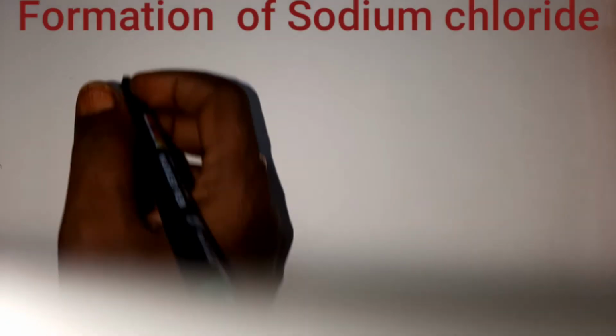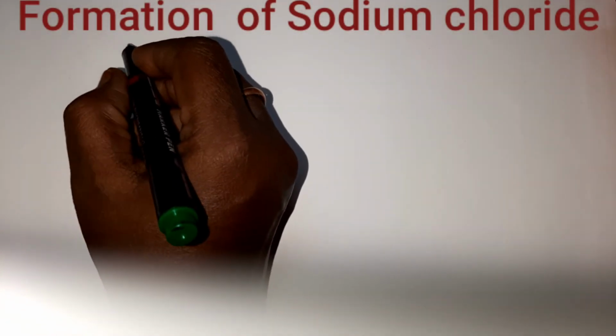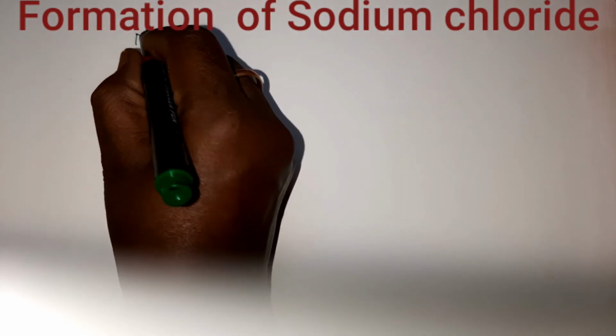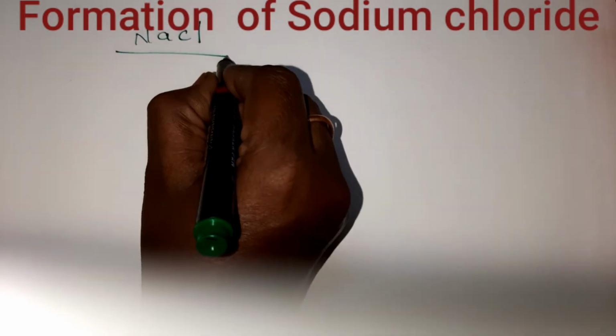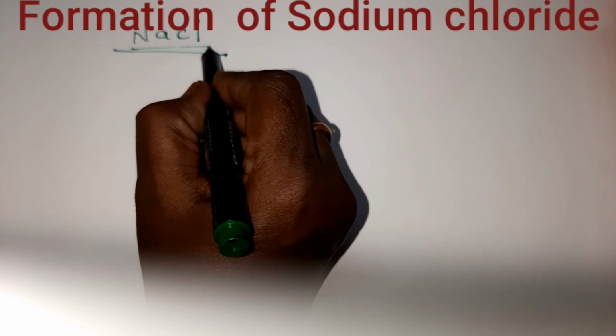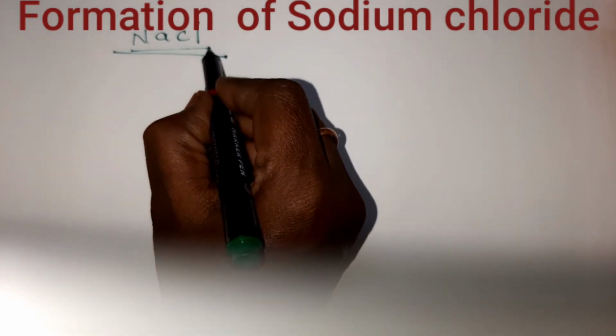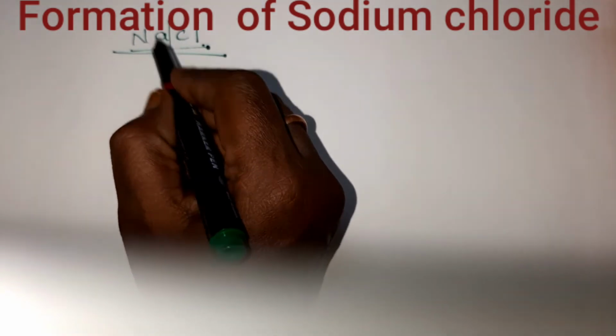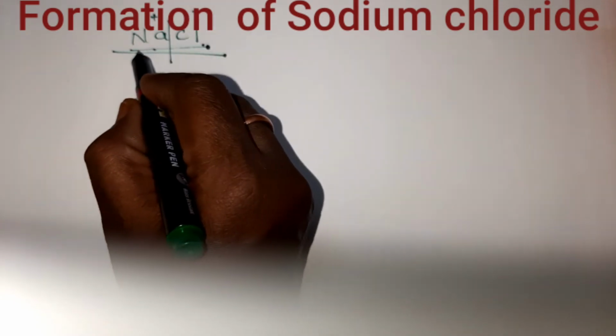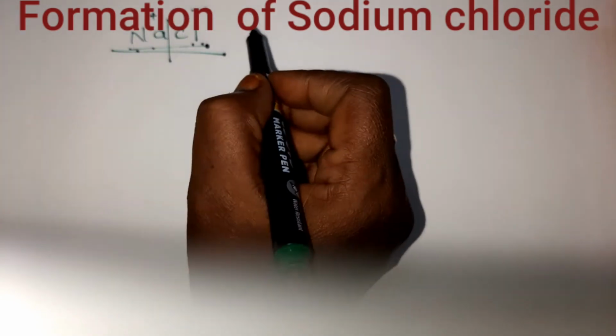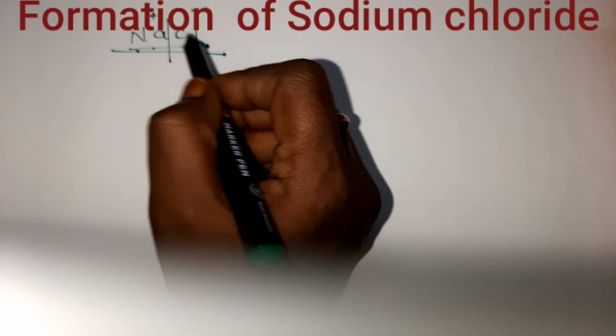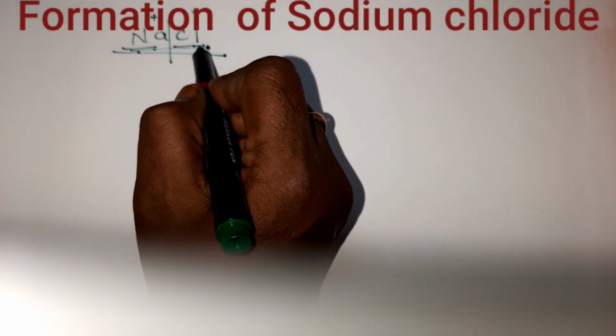For example, we shall see now how is the formation of sodium chloride. You know the formula for sodium chloride, children? NaCl. So sodium chloride is made up of a metal and a non-metal. Always you have to remember, children, ionic compounds contain a metal and a non-metal.